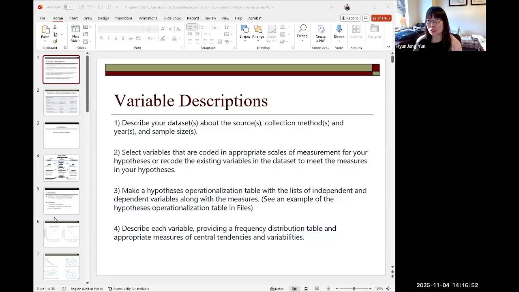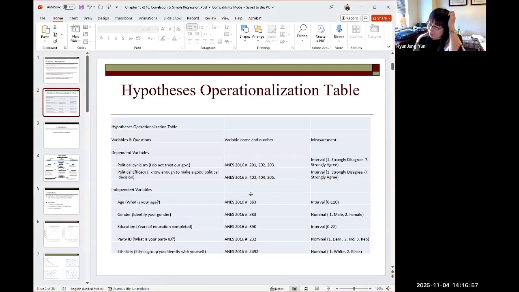And then I want you to have this hypothesis operationalization table. Just for you to organize it, it's going to be part of your report. List the number and the exact dependent variable, and the specific names of independent variables, and from which data set, ANES data set or GSS data set.